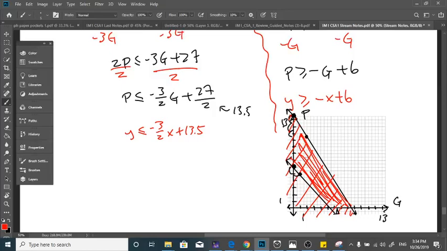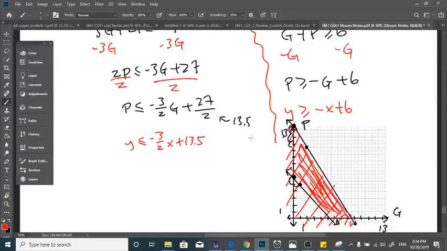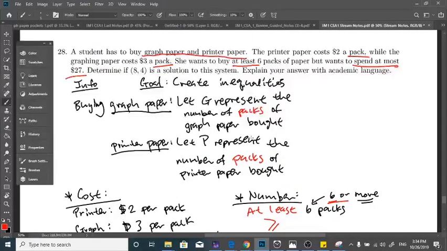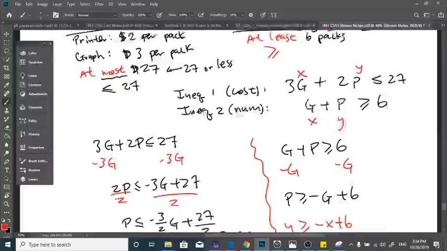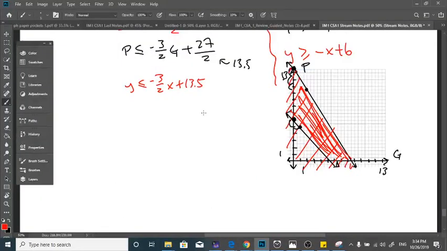So the question that they ask here is, is (8, 4) a solution? So let's check. 1, 2, 3, 4, 5, 6, 7, 8. Okay, 8 is there. And I go up 4. 1, 2, 3, 4. So (8, 4) is up here.